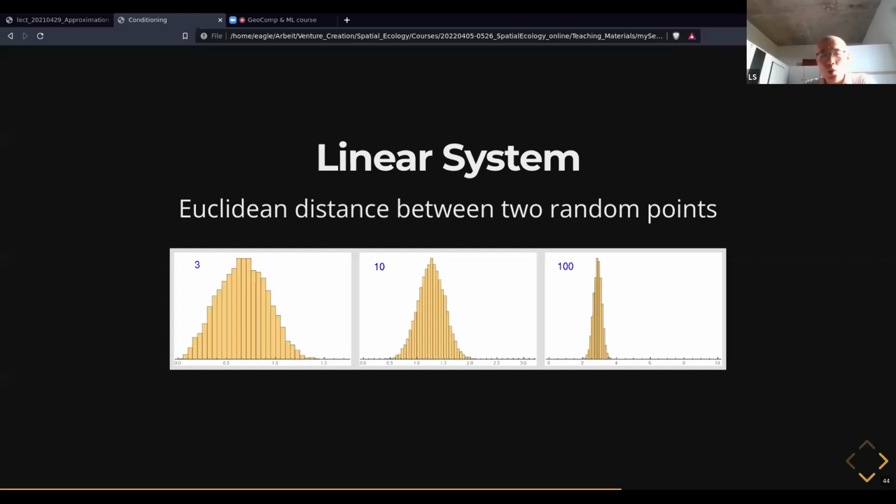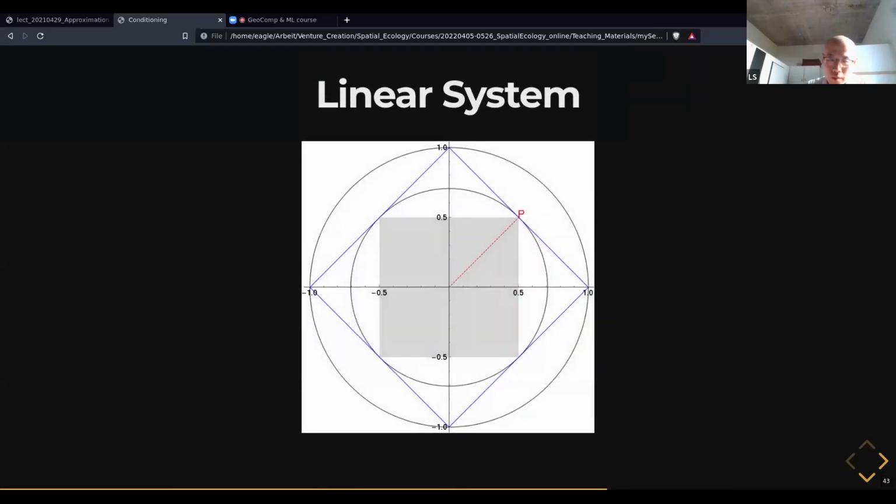Yeah. So the 3, 10, and 100 are dimensions. So 3 means 3 dimensions, 10 means 10 dimensions, 100 means 100 dimensions. Okay, let's take a 3 dimension example. I create points in the unit circle, but that's 2 dimensions. Say I make it 3 dimensions, still in the unit circle.